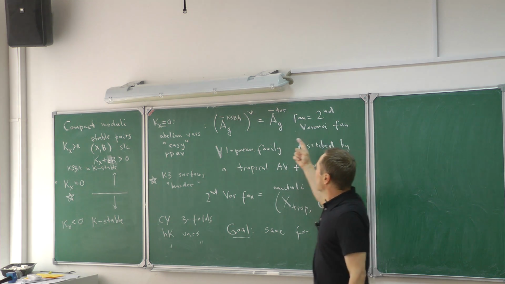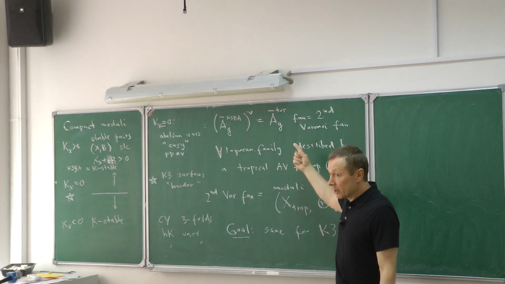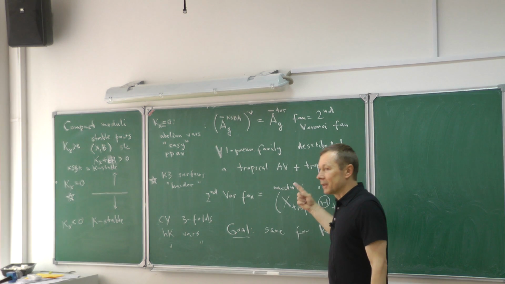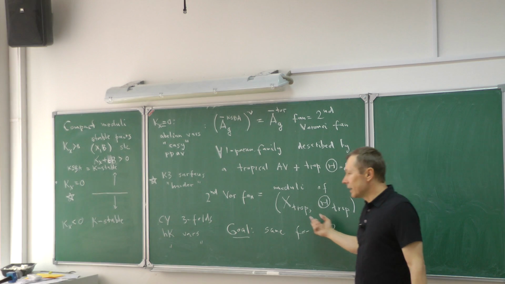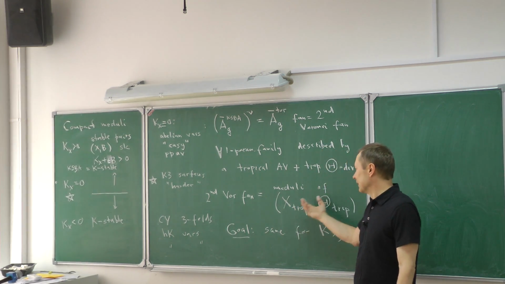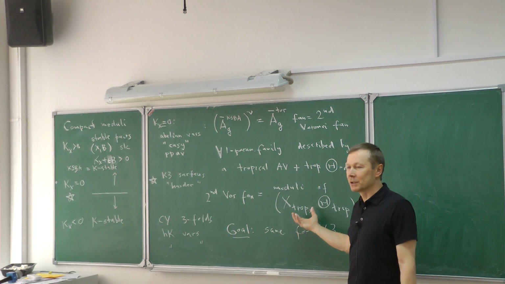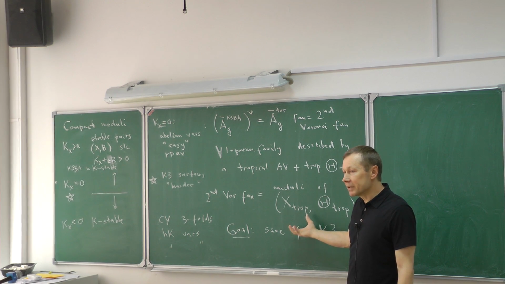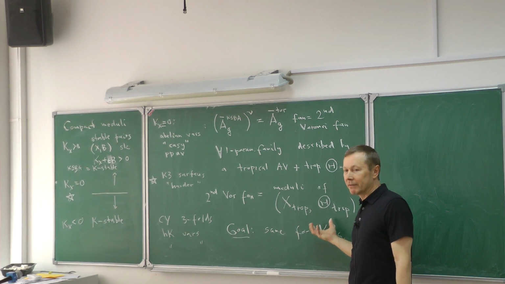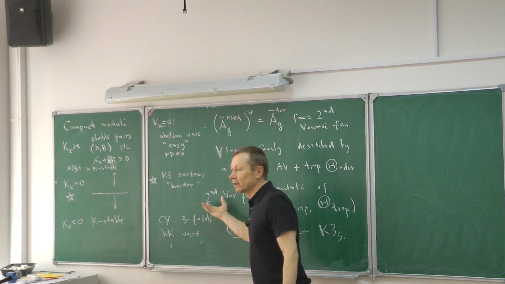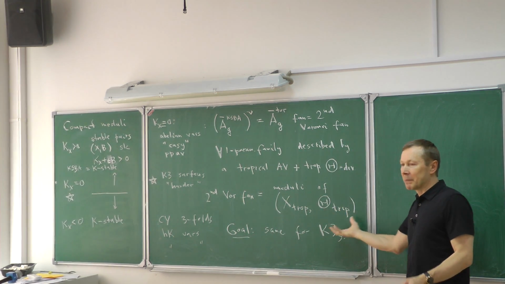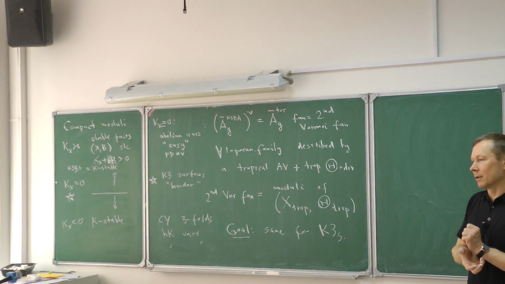And I'm really hoping that maybe it's toroidal. And then I want to know what the fan is. I want some tropical K3 surface with a tropical divisor, and I want the fan to be really the moduli space of these tropical objects.